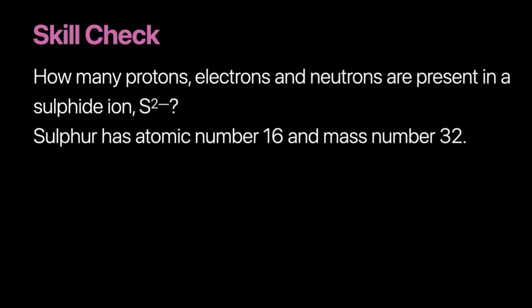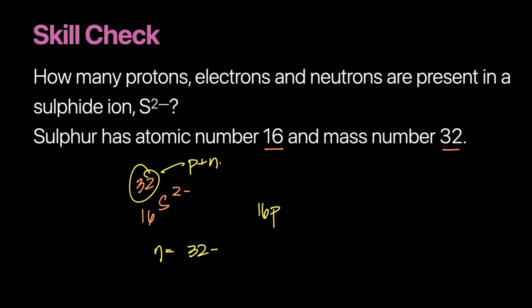So let's look at a couple of skill checks and see if we can solve them. This is about atoms and symbols and ions. How many protons, electrons, and neutrons are present in a sulfide anion, S2 minus, where atomic number is 16 and mass number is 32? So S, which is 16 and 32, has the charge of 2 minus as a sulfide ion. What that means is it has 16 protons. And how do I find its number of neutrons? Well, mass number is neutrons plus protons, and we know protons are already 16, so the number of neutrons is the mass number minus the atomic number.